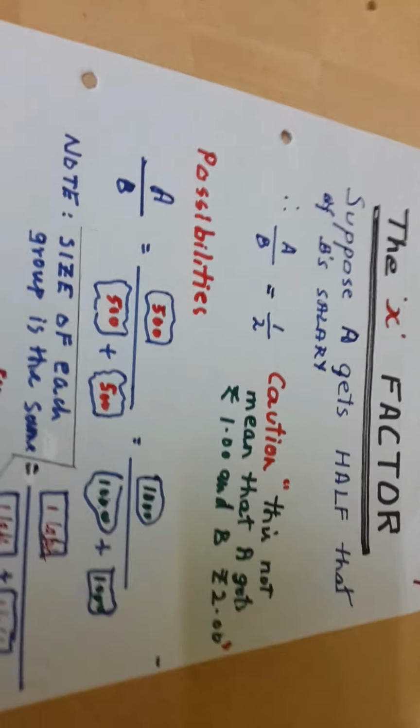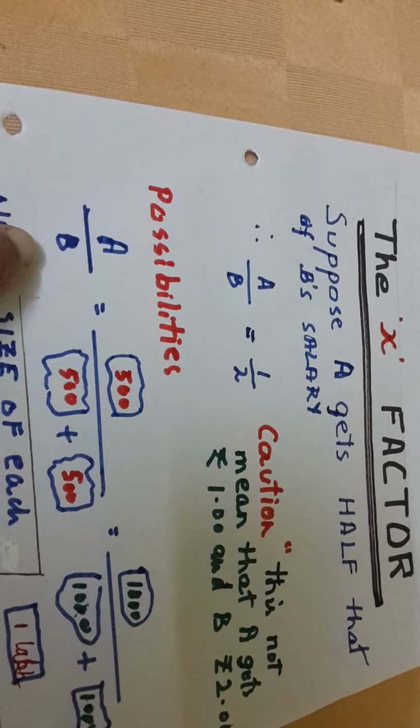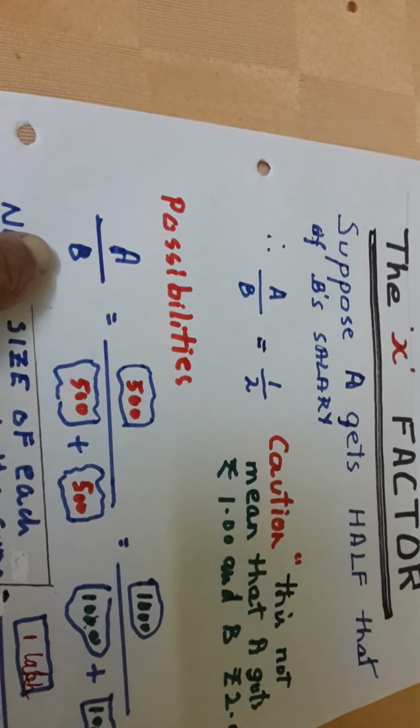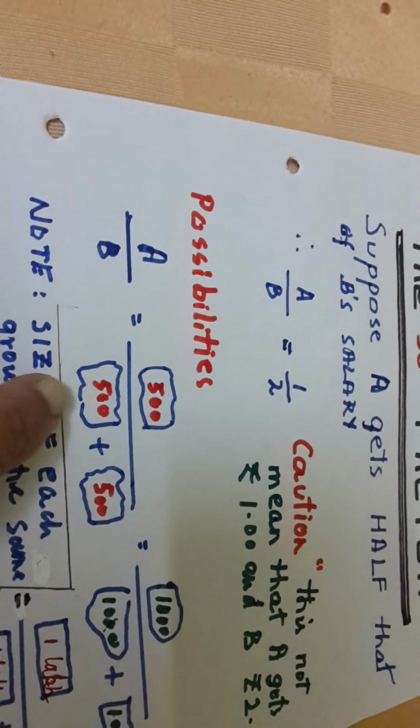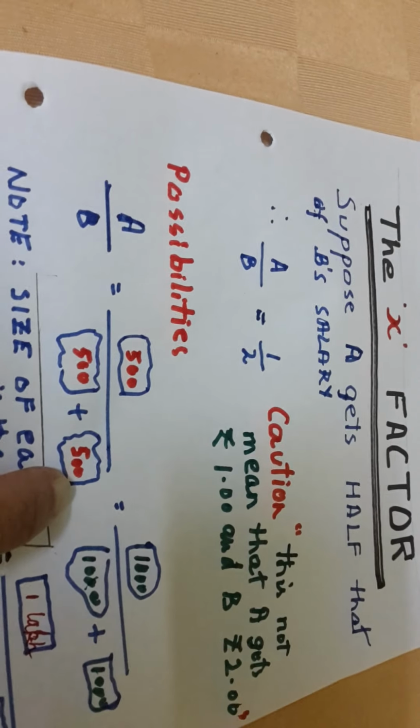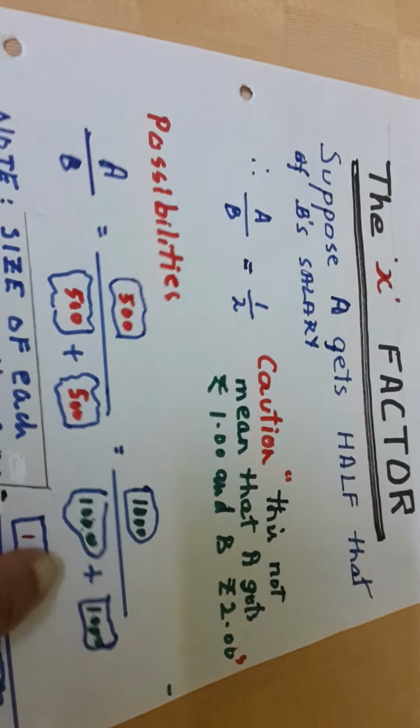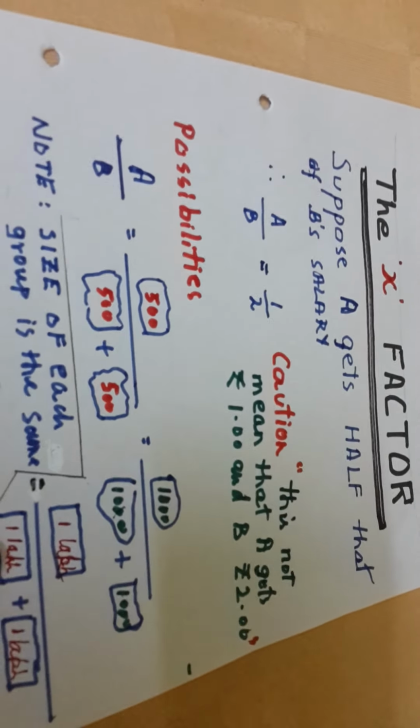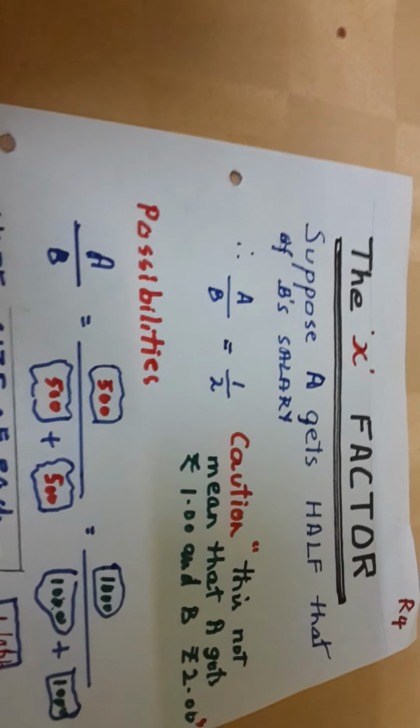Why? Because these are the possibilities. A can be 500, B can be 2 500s. So the ratio is still 1:2. Similarly, 1,000 and 2,000, or 1 lakh and 2 lakh. So the ratio is maintained.